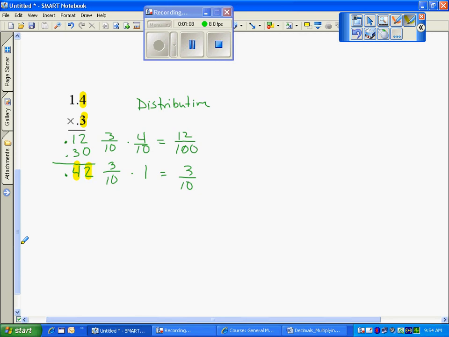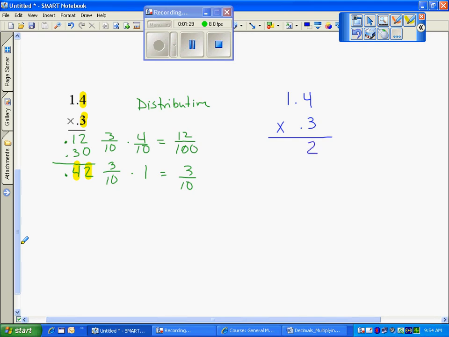So let's go ahead and try the shortcut method and see if we get the same result as we did with the partial products. 1 4/10 times 3/10. I'm going to ignore place value for a moment here, and I'm going to multiply 3 times 4, even though it's really 3/10 times 4/10. 3 times 4 is 12.